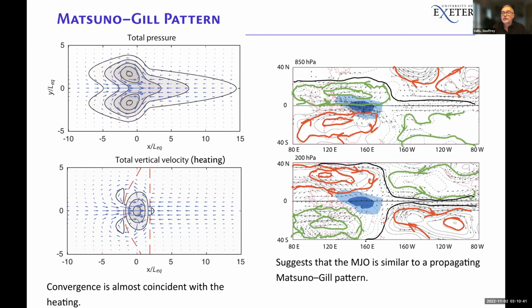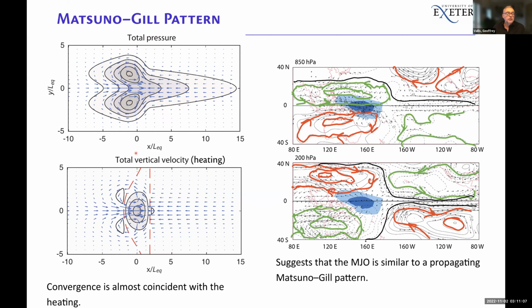Now, if you've taken a class in geophysical fluid dynamics, you'll know that this pattern, which I've reproduced on the right, looks very much like a classical pattern known as the Matsuno-Gill pattern. I plotted the analytic solution for the total pressure here on the top left panel.